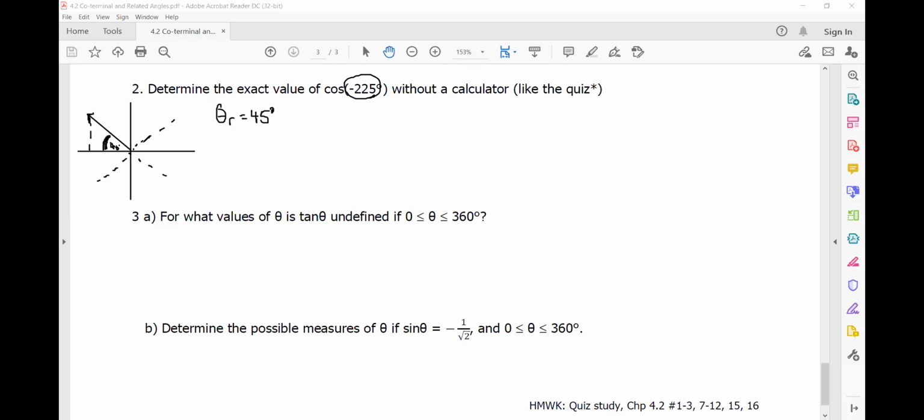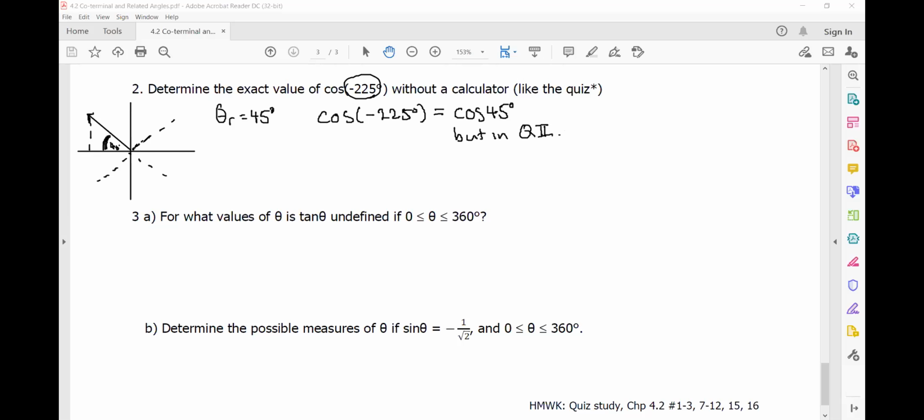So in other words, here's another way we can use CAST rule. Basically what we can say is cosine of negative 225 degrees is creating the same triangle, or the same ratio, as cosine of 45 degrees, but in quadrant 2.